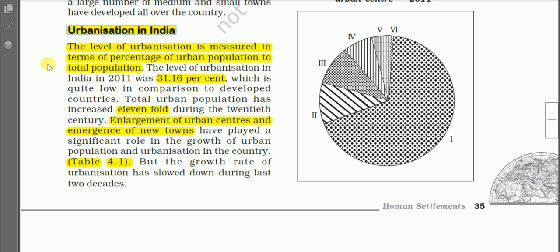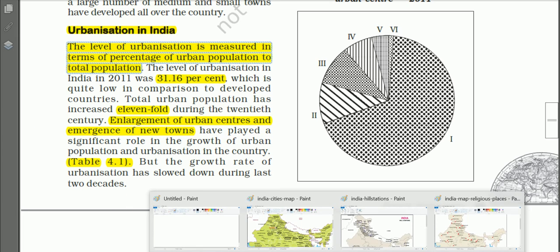The level of urbanization is measured in terms of the percentage of urban population to the total population. So to find out the level of urbanization, we have to find the percentage of urban population to the total population. It is very simple.